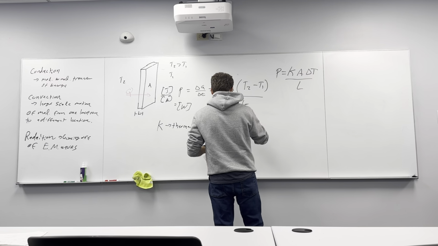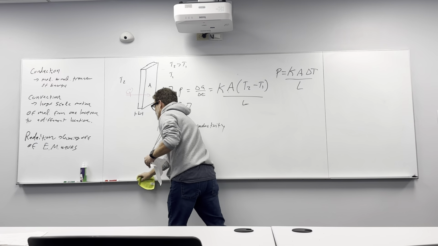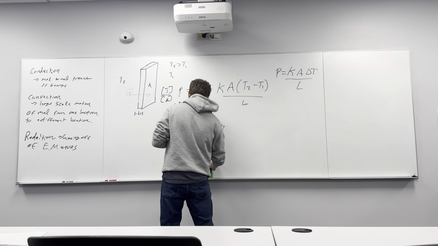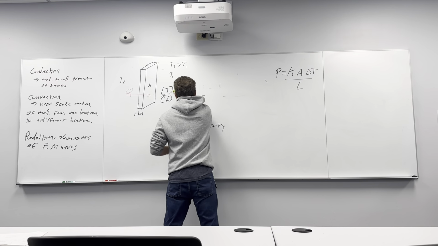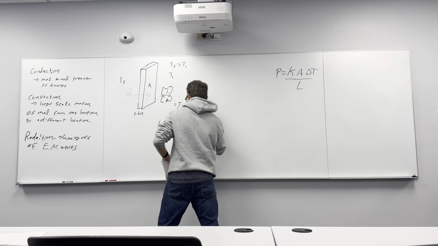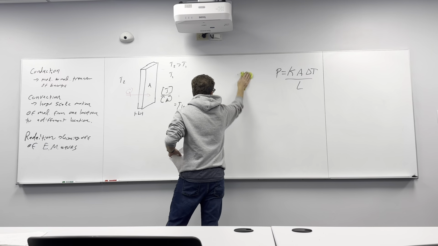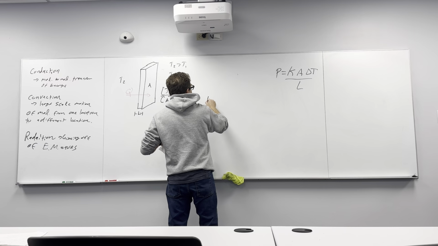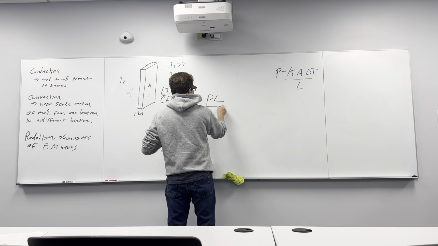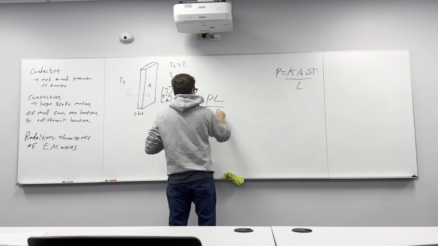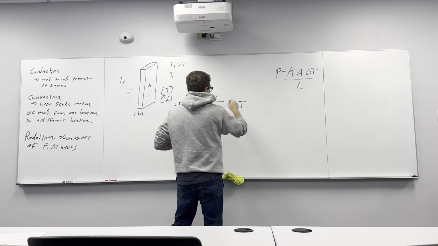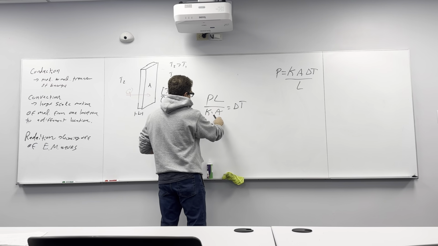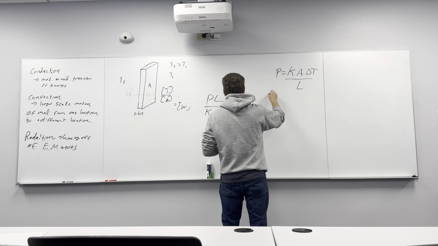So if I do that, let me erase this, give us some space to work. So if I do that, I get P times L divided by K times A equals delta T. And now I'm going to group L over K A and call that the thermal resistivity.